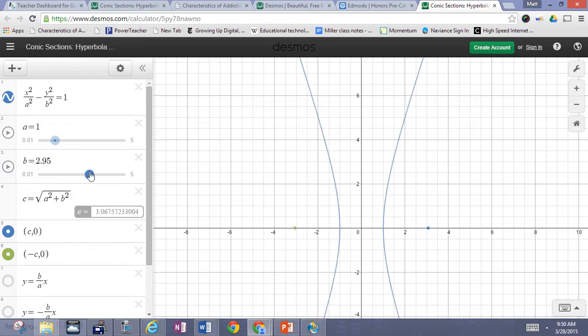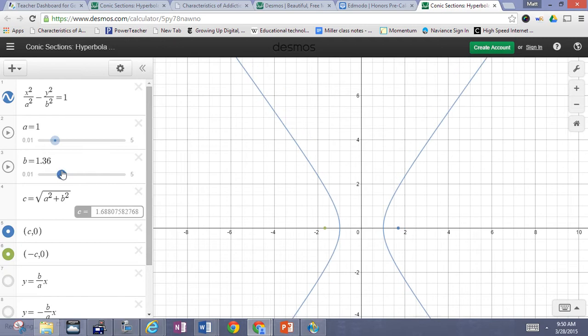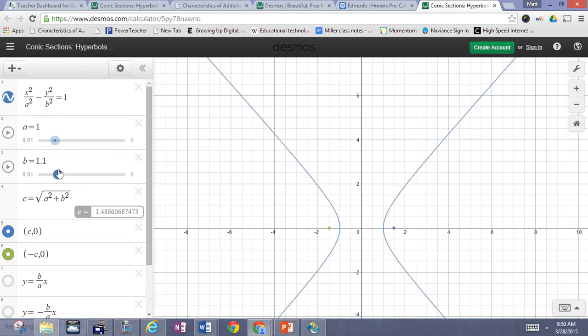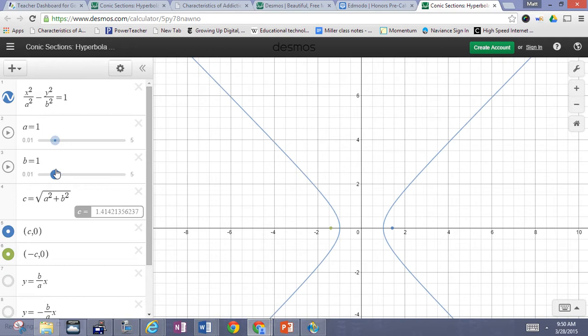As you can see here, rolling out the b value, there's no problem with that. It still opens up left and right. In fact, a and b can be the same, as is the case here.